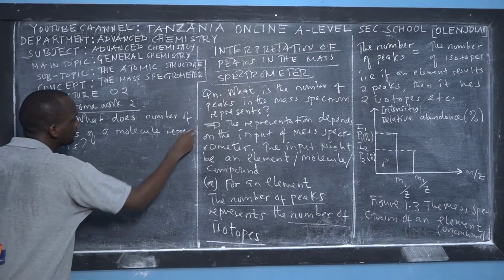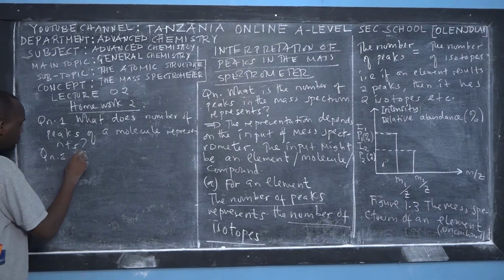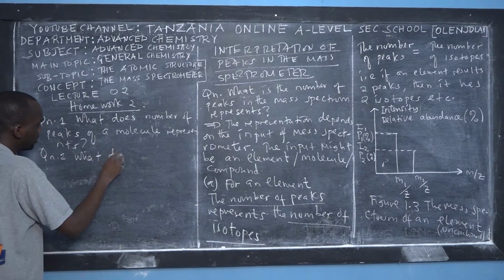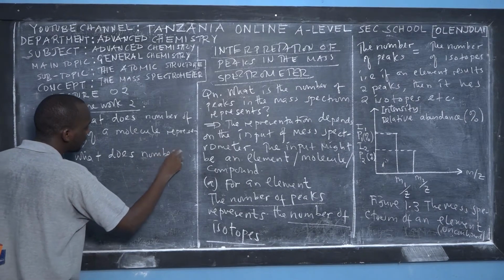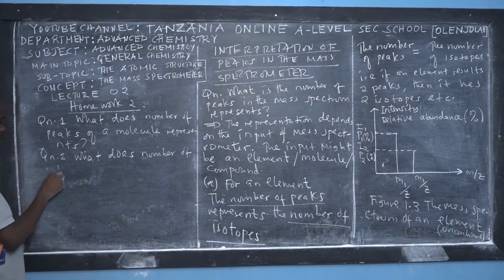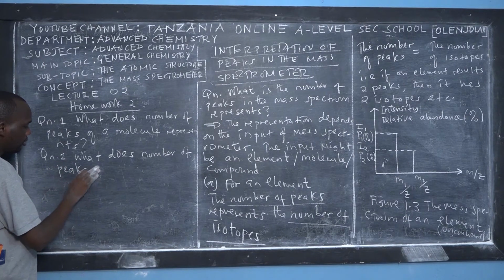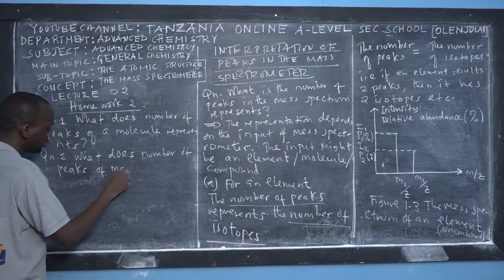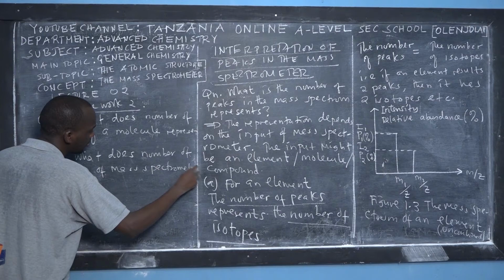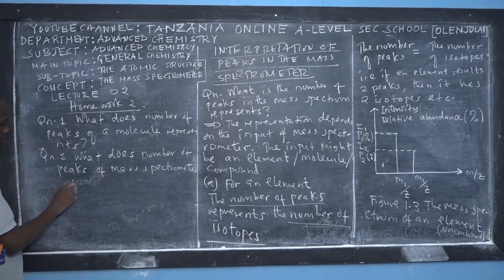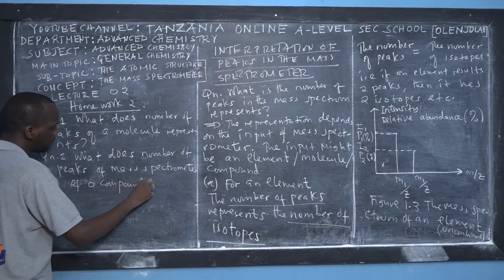And then the second question for your homework: what does the number of peaks from the mass spectrometer of a compound represent?